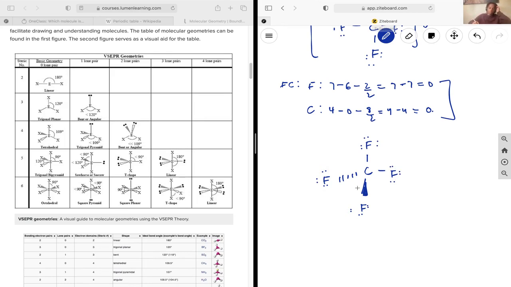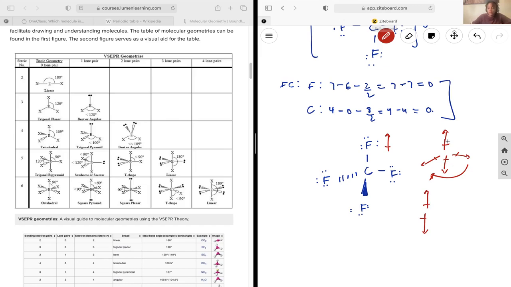Okay, and so what's actually going to happen is that you will have this dipole moment going that way. This one, since it's like a tripod, let's actually draw it on the side so that we can get a better feel for the geometry. This one is coming out, this one's coming out, and this one's coming out. And so what's going to happen is these 3 are going to cancel each other out in the x, so in the horizontal plane, and it's actually just going to leave a vertical dipole moment.